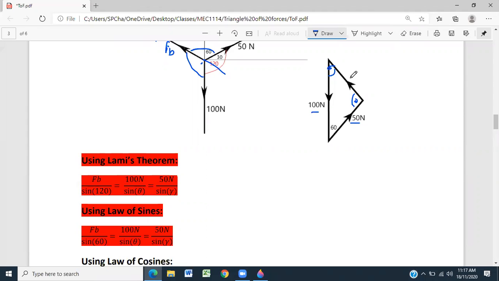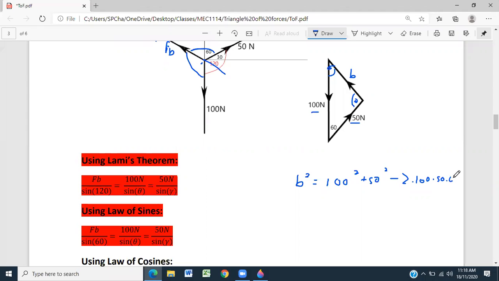So let's call this B. What the cosine rule says is that B squared is equal to the sum of the squares of the other two sides, so 100 newtons squared plus 50 squared, minus 2 times 100 times 50 times cosine of this angle, so cosine 60.